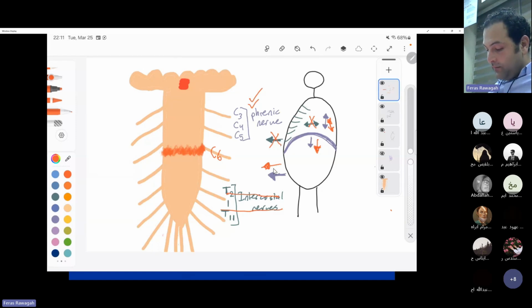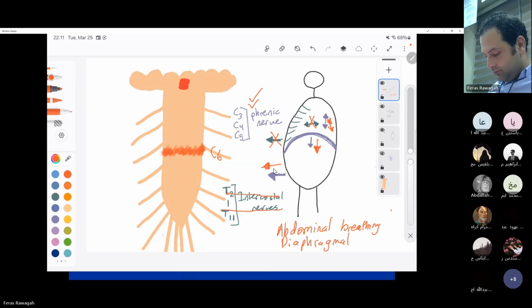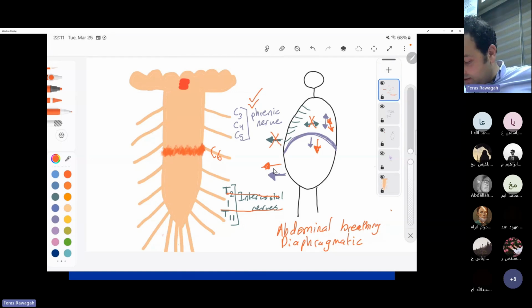This will result in abdominal expansion without chest expansion. This is called abdominal breathing. Another name is diaphragmatic breathing. Okay, so this is worth mentioning.